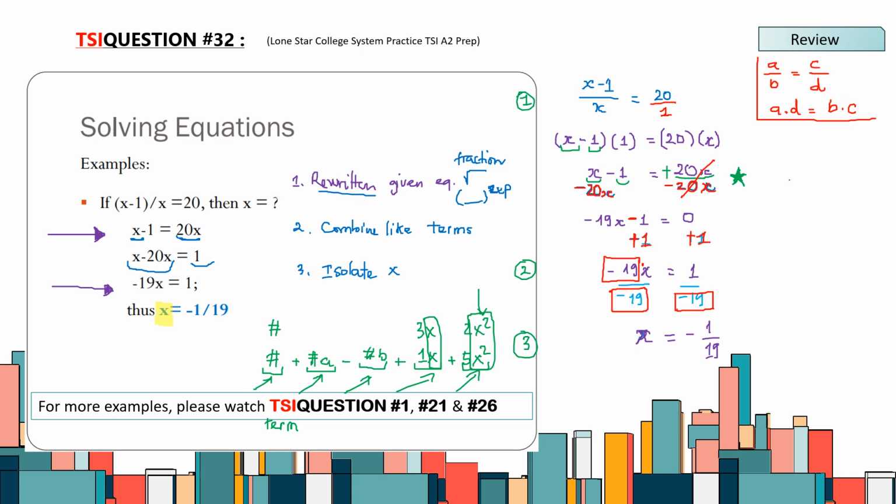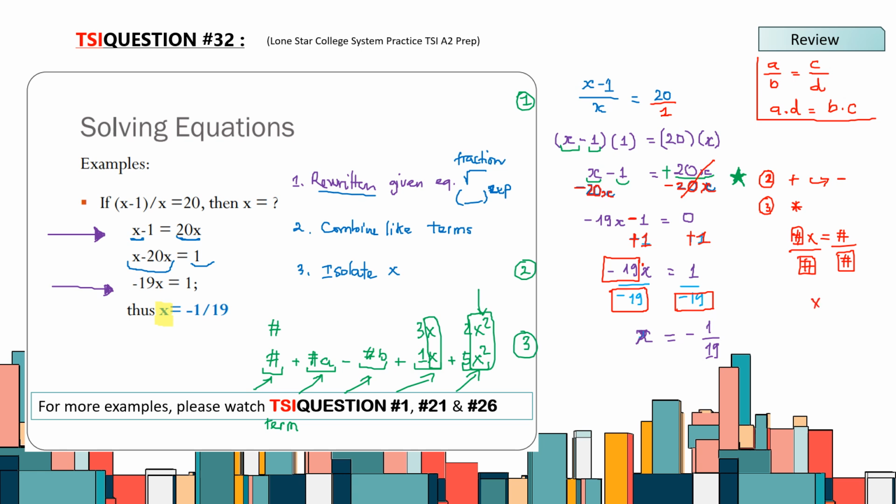So we do the opposite. If it's plus, we move it by subtracting the same amount. If it's multiplication, first we have to move terms first because of combine like terms. That is step number 2. And then step number 3 is when you have a form of multiplication, a number multiplied by x equal a number. So for the coefficient, we divide both sides by the coefficient of x, the one in the box.